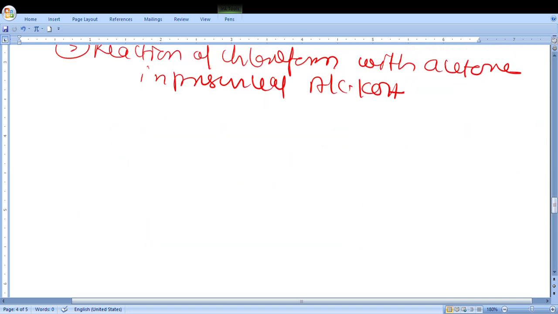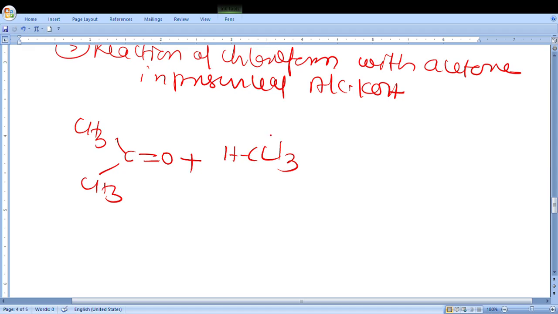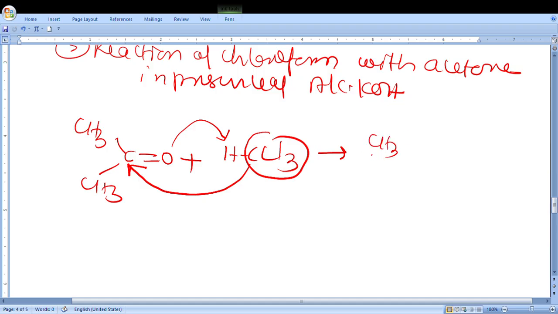So acetone is CH3COCH3, plus we will write HCCl3. This CCl3 will attack on C of the C double bond O group and the O will take H of CHCl3. In this way, CH3CCH3, the double bond will get converted into a single bond to form OH and CCl3. This is also an important reaction.